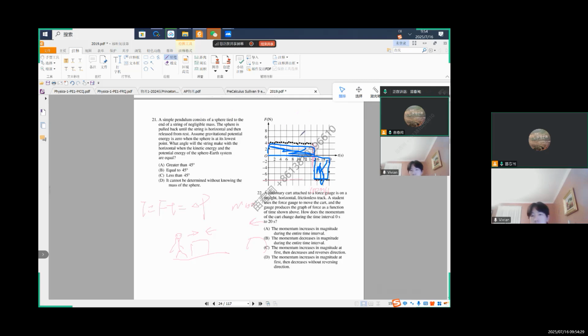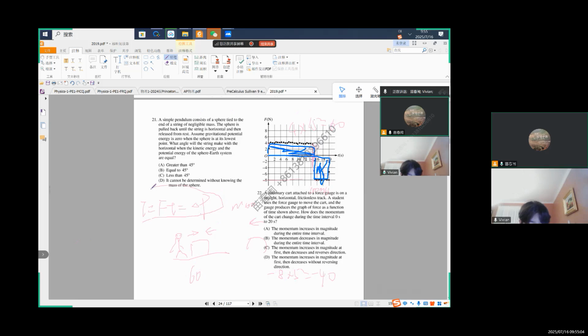I think it's 15, right? 4 times 5, which is 20, so your momentum increased by 20. And now your momentum decreased by, say, negative 8 times 5, 15 to 5. That's negative 40. So you can reverse direction, maybe after a little while. So then it's D. Yeah, D, right? You should remember this one.